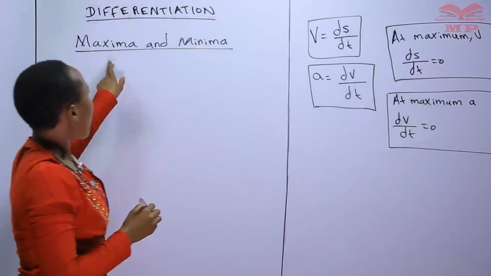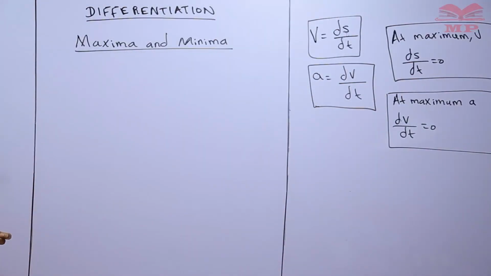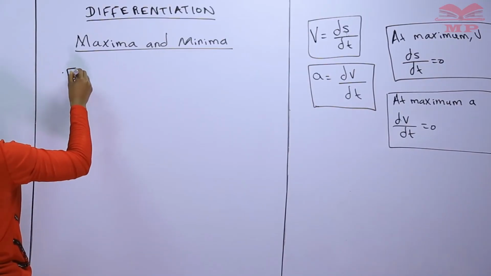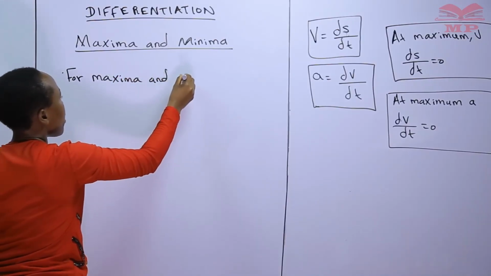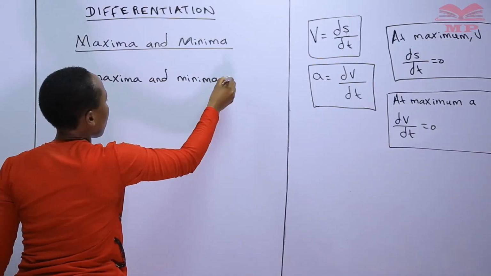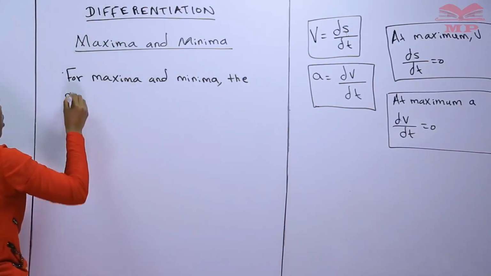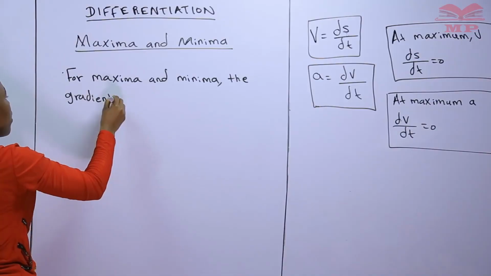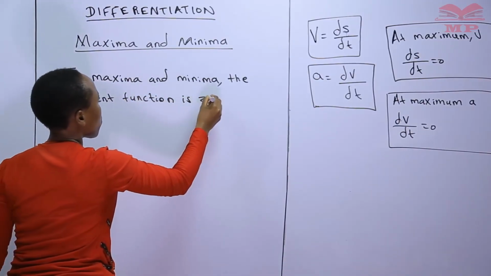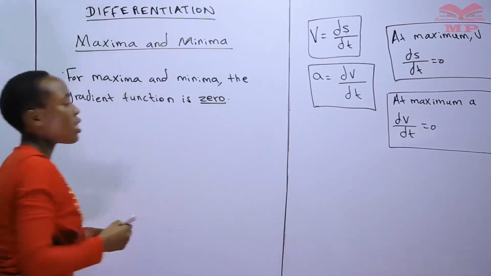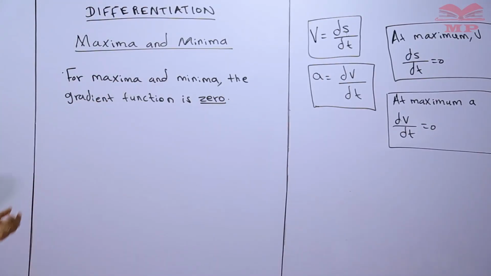Now, we are in maxima and minima. At maxima and minima, the gradient function is equal to 0. That is for maxima and minima, the gradient function is 0.